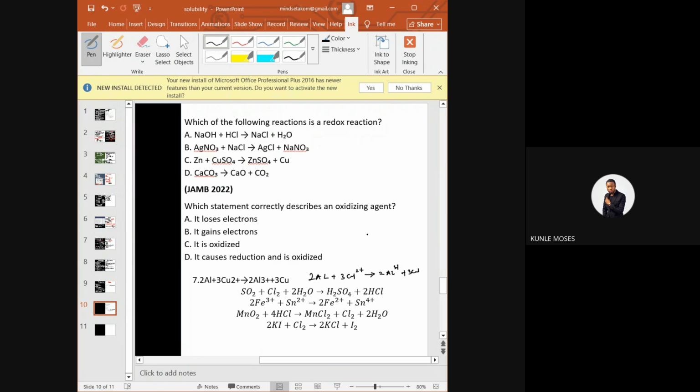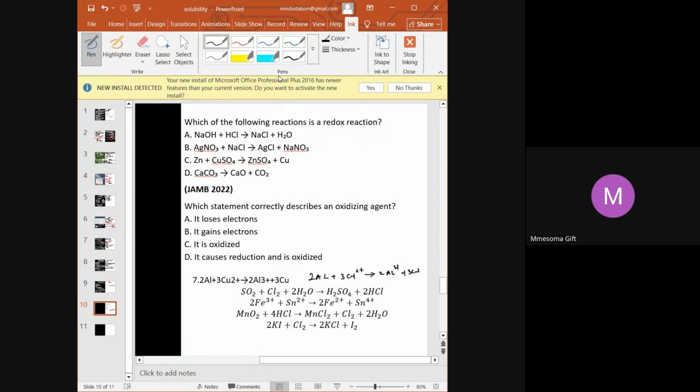Gift. Aluminium is oxidized, causing it to be the reducing agent.